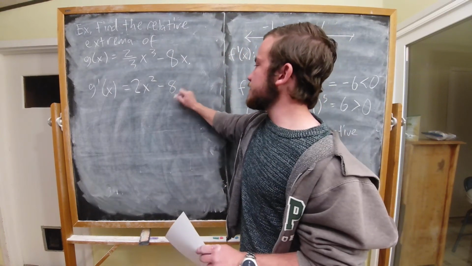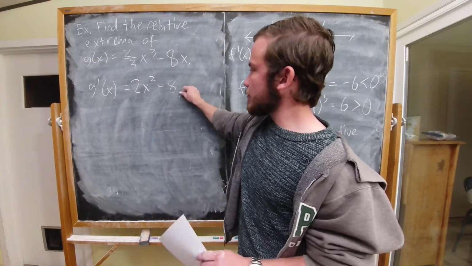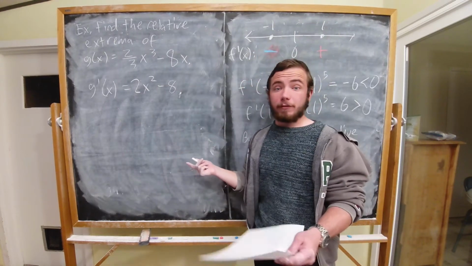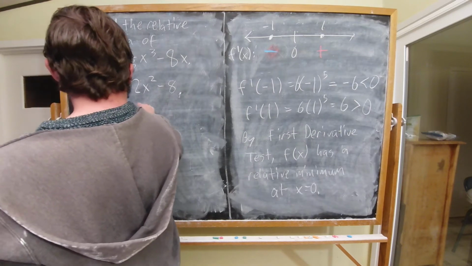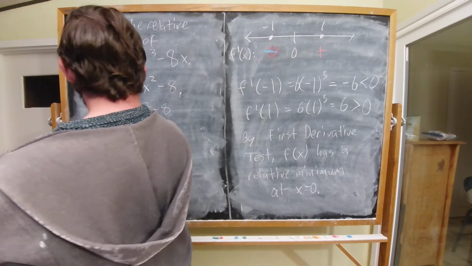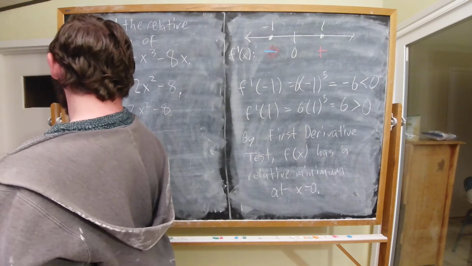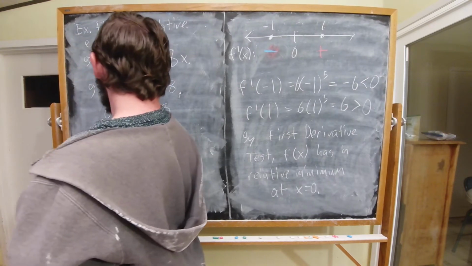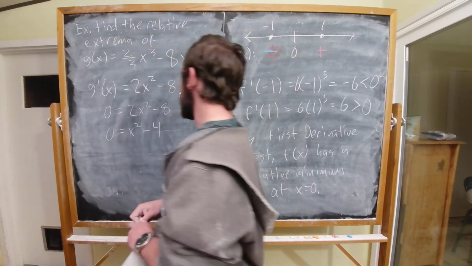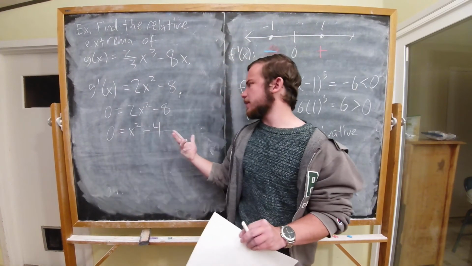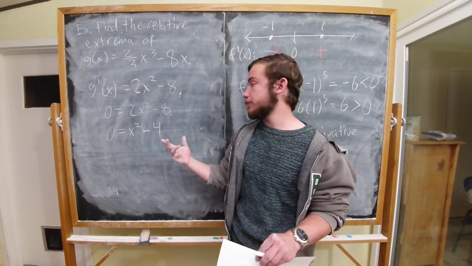Cool. This exists everywhere. So we're good on that front for critical numbers. Let's set equal to 0. 0 is equal to 2x squared minus 8. Divide everything by 2. That gets us that 0 is equal to x squared minus 4. You could have just added 8 on both sides and then divided by 2, which would have worked as well.